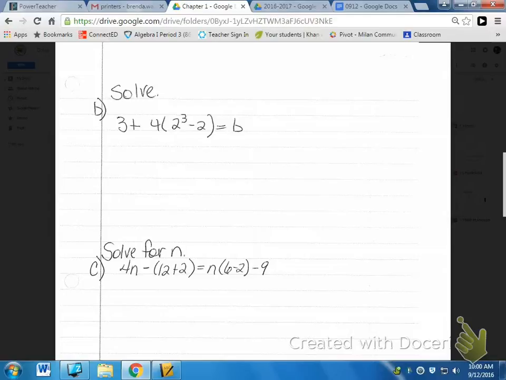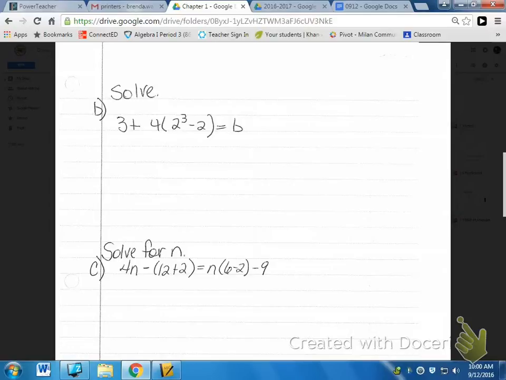They have taken expressions from order of operations and stuck them in an equation equal to a variable. All that means is you're going to apply the order of operations and you're going to evaluate, you're going to find the answer and say that equals B.